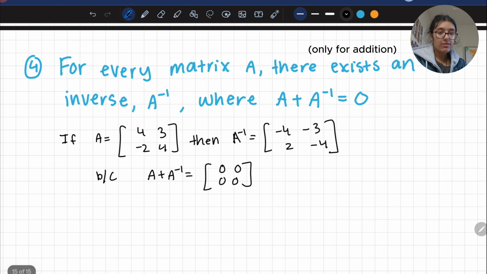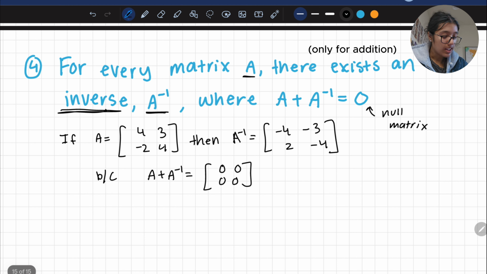All right, so now for our fourth property, for every matrix A, there exists an inverse, and we're going to denote that by A to the power minus 1, where A plus A to the power minus 1 is equal to that null matrix. So remember, it's not 0, it's a null matrix. And in this case, I have an example for you. If A is this matrix right over here, 2 rows, 2 columns, then the inverse of that will be this.